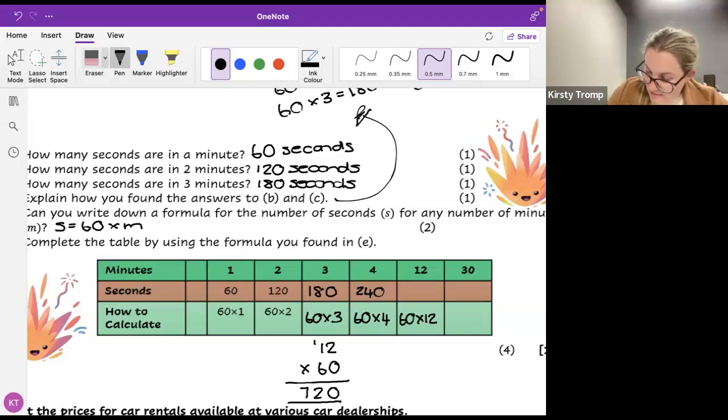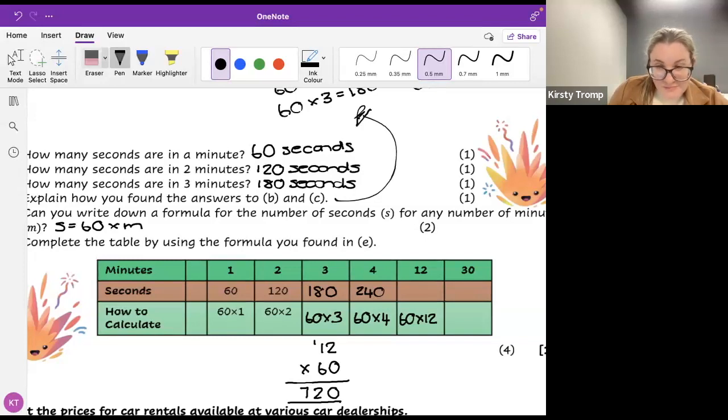What did you get? Ma'am, I got 520. Are you sure? Yes, ma'am, because I first did 60 times 12, and then 2 times 0 is 0, and then 2 times 6 is 12.